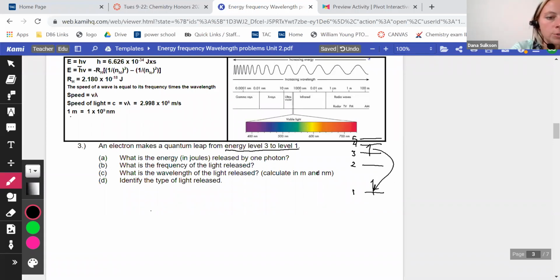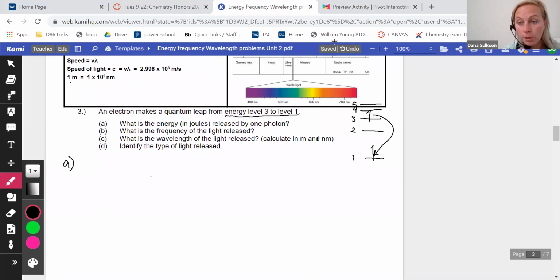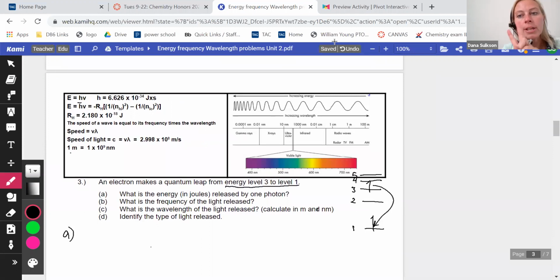All right, so let's go to the problem now. Little side note conversations here of importance. This question says, what is the energy in joules released by 1 photon if the energy level goes from 3 to 1? So there's two choices of calculating energy.